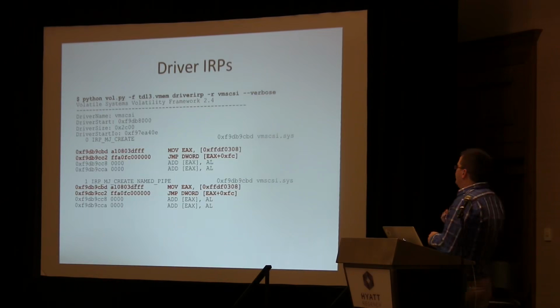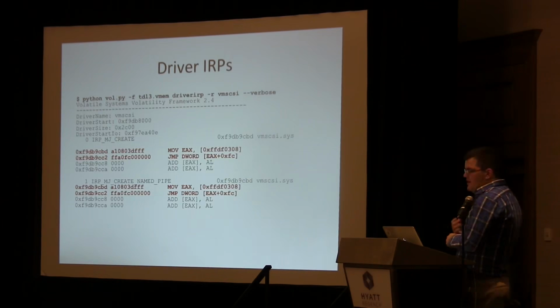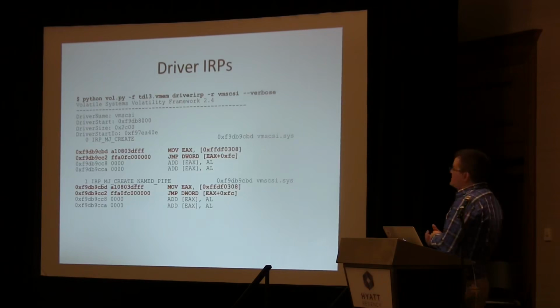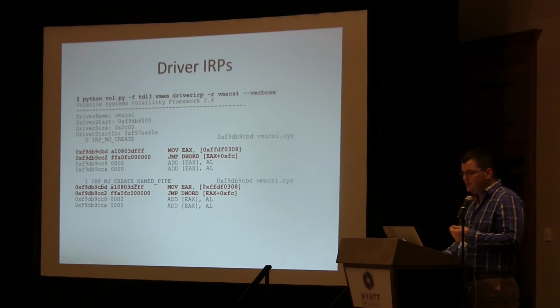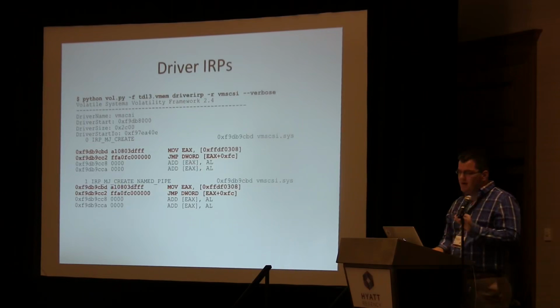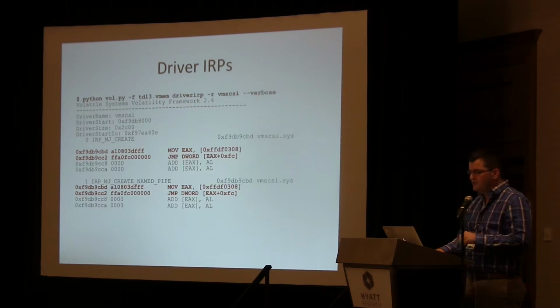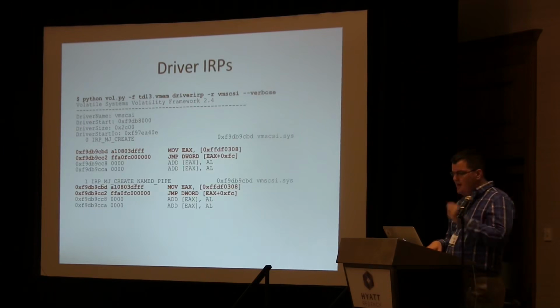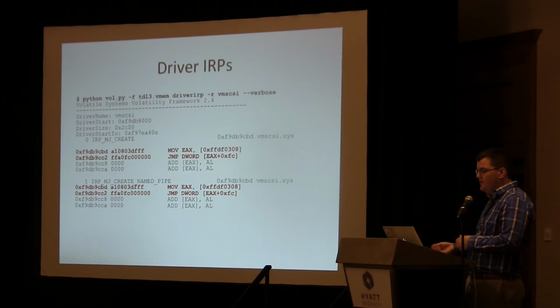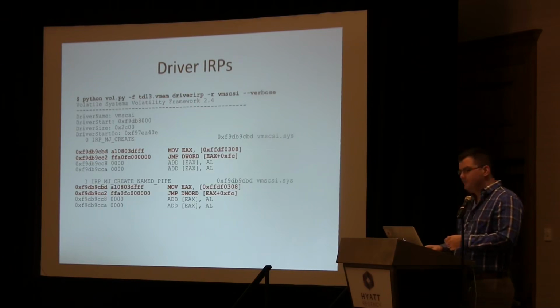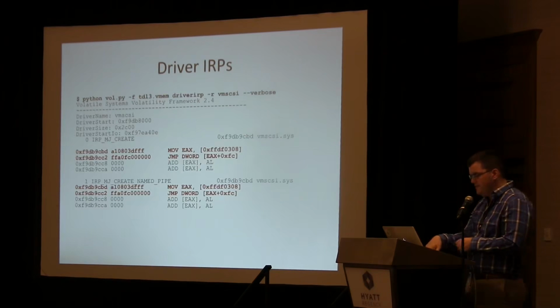With Volatility, if you run driverirp with the verbose flag, one of the things it checks for is those hooks. So we were able to detect TDL3 that way, and at the time there was actually no live tool you could run to find TDL3 when it first came out. It essentially had a catalog of all the ways forensics work and beat all of them. It was a pretty interesting piece of malware.